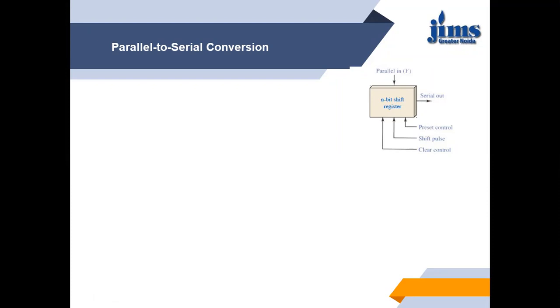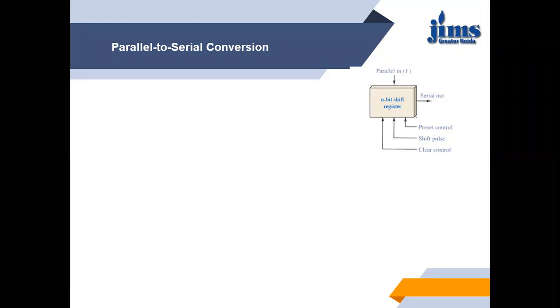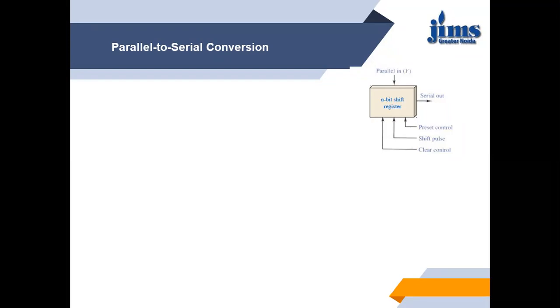Data is stored in parallel mode in the computer, and when we use a serial USB port, that is universal serial bus, the data is fetched serially, means one bit at a time is fetched from the hard drive or any location in your computer, and it is stored into some other location. So in this way we use parallel to serial conversion. Data is loaded in parallel, but it comes out serially.